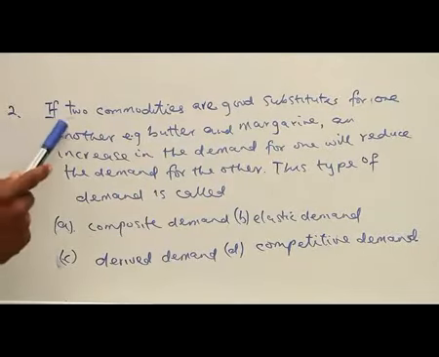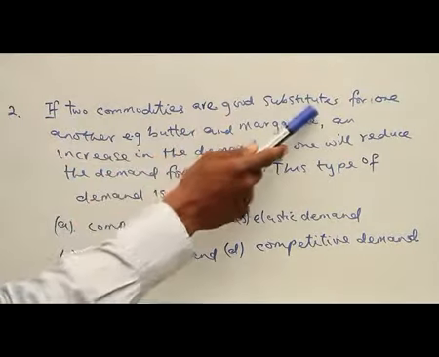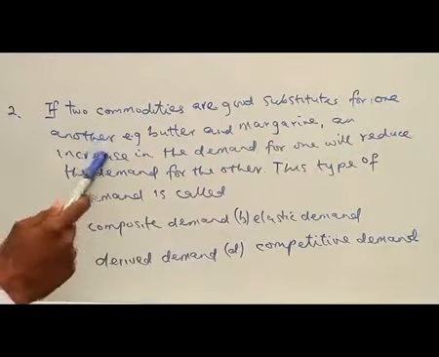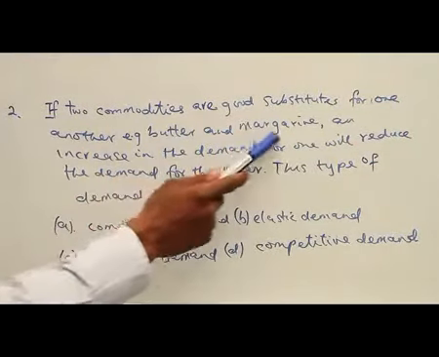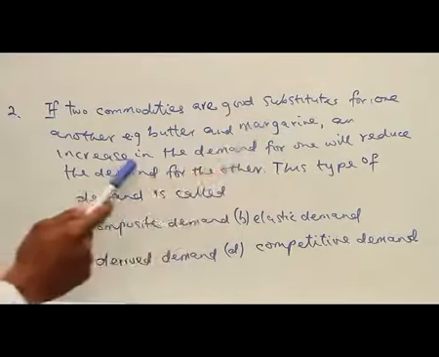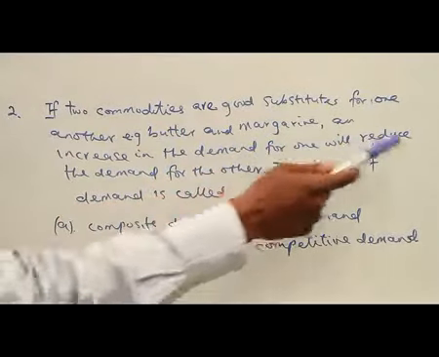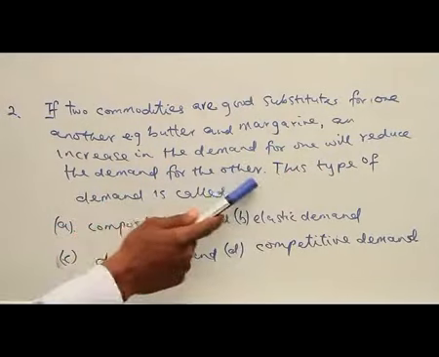Question 2. If two commodities are good substitutes for one another, e.g., butter and margarine, an increase in the demand for one will reduce the demand for the other.